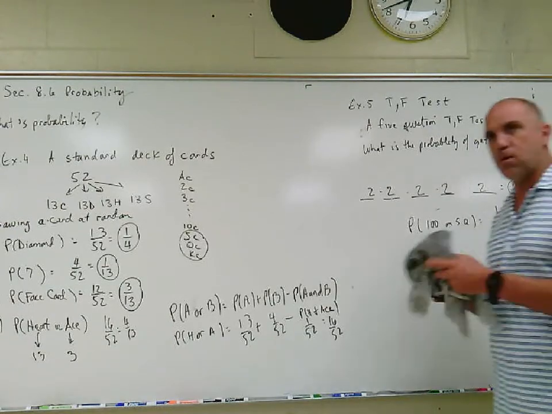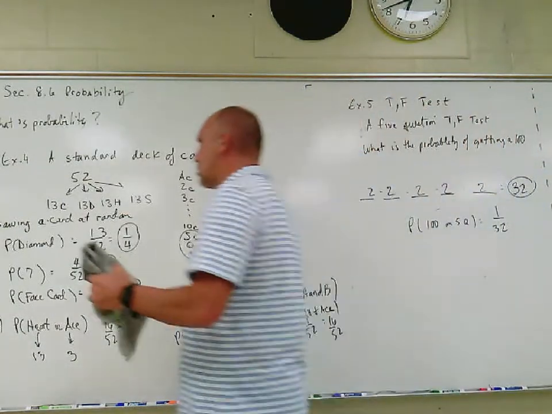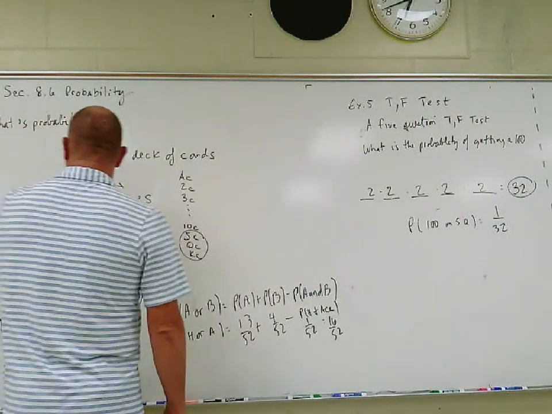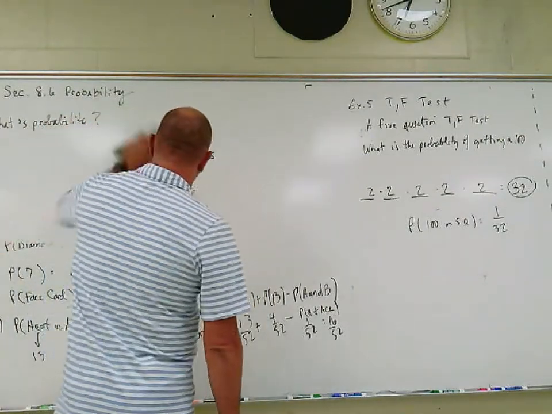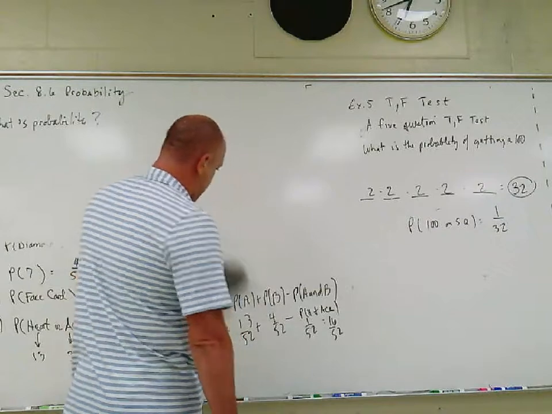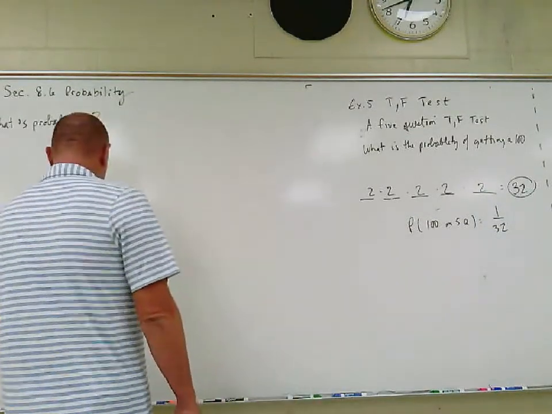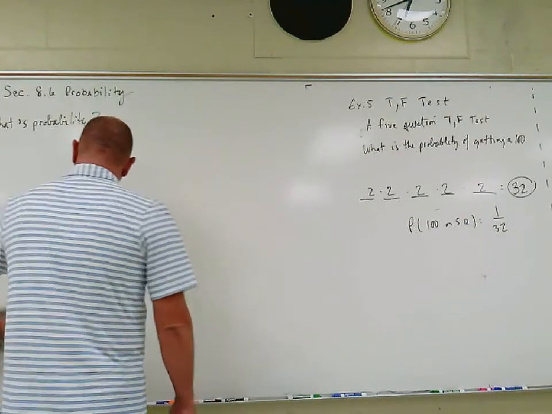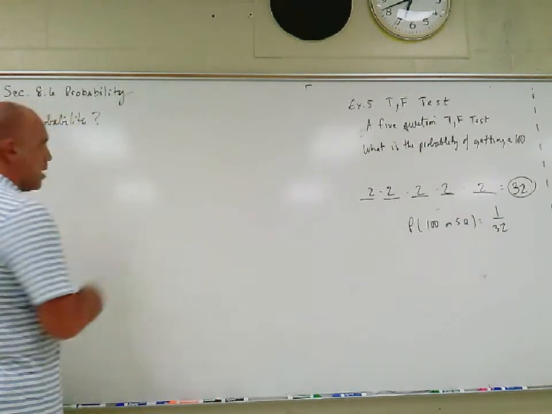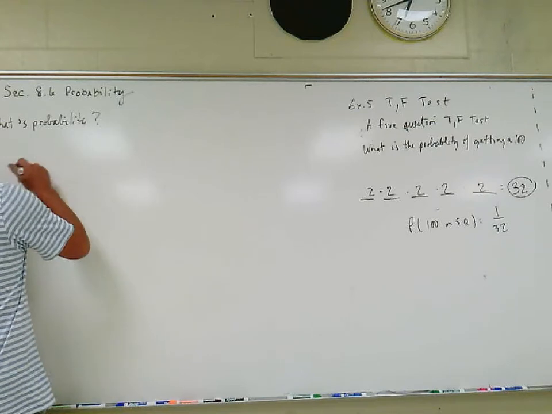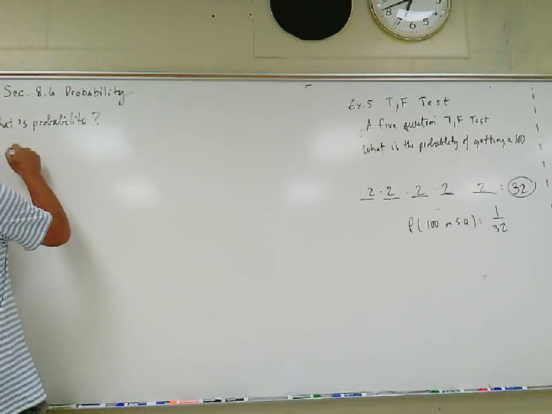Let's do the marble problem, because what I want to talk about is what if we have two things in a row that happen, or different situations. So let's say we have red, white, and blue marbles. Example 6.